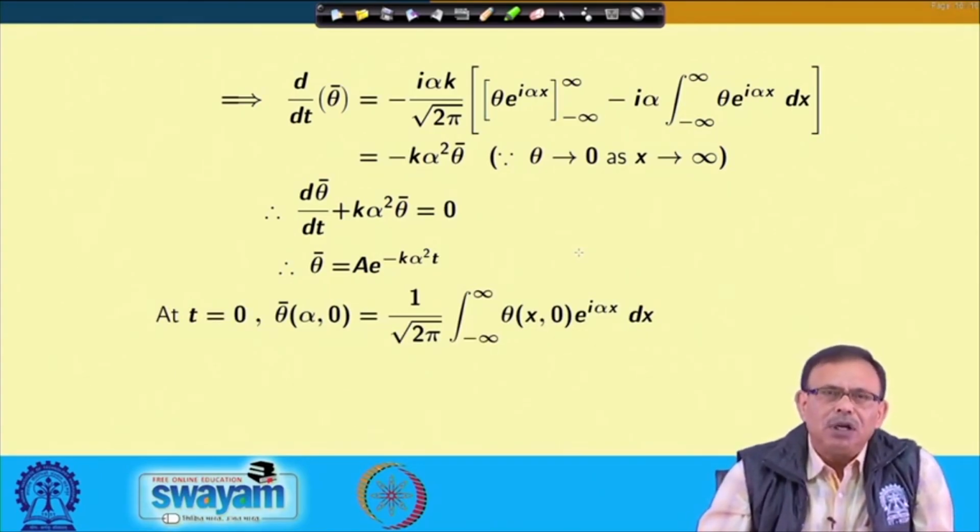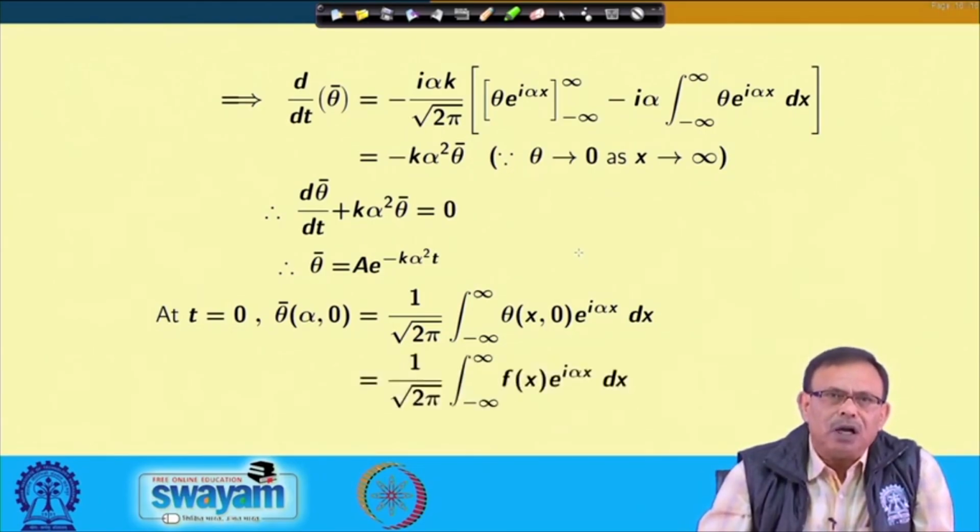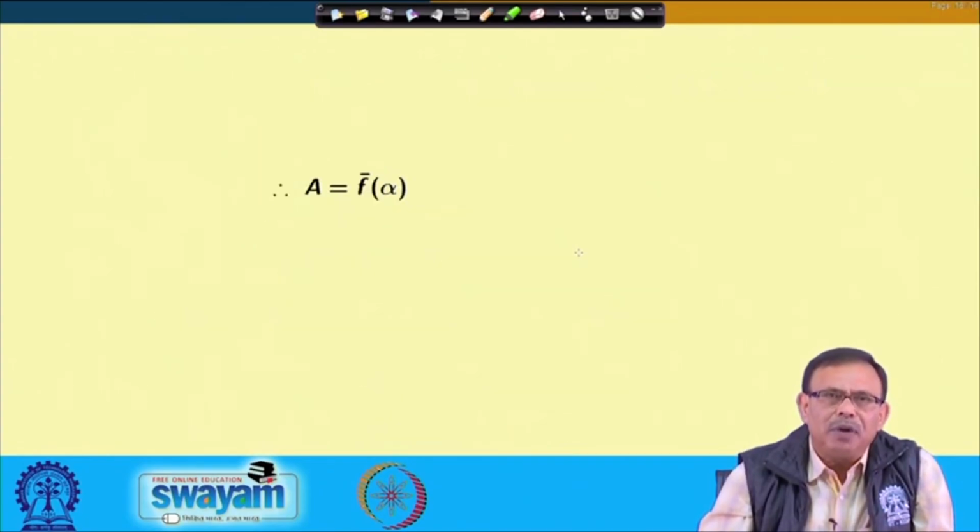This equals 1 by root 2 pi integral of theta x 0 into e power i alpha x, and theta x 0 is known as f x. So I will obtain this, which is f bar alpha, the Fourier transform of the function f x. Therefore the value of A will be f bar alpha.